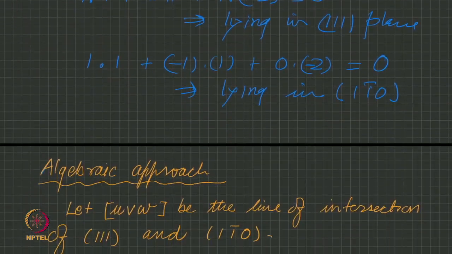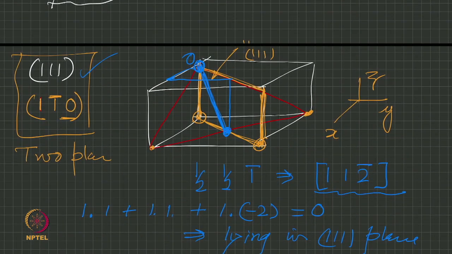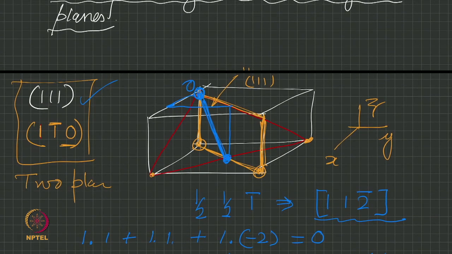This algebraic method will always succeed. The geometrical method will require a little bit more visualization and drawing, but here you see with respect to the unit cell I am able to actually see the 1 1 1 plane, the 1 bar 1 0 plane, and the line of intersection coming this way inclined. That develops your visualization skills and intuition, because 3-dimensional visualization skill is very important in crystallography.